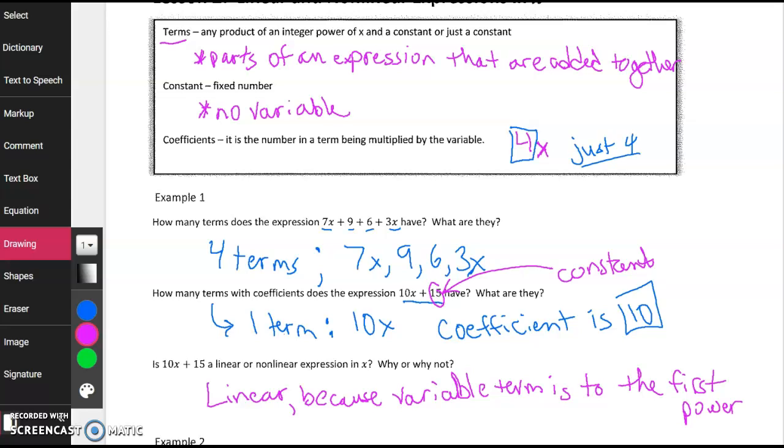If we look at 10x plus 15, the variable term is this 10x, and the x is to the first power. That's what you want to pay attention to. If it's to the first power, then it's going to be linear. If it's to anything else, then it's nonlinear.